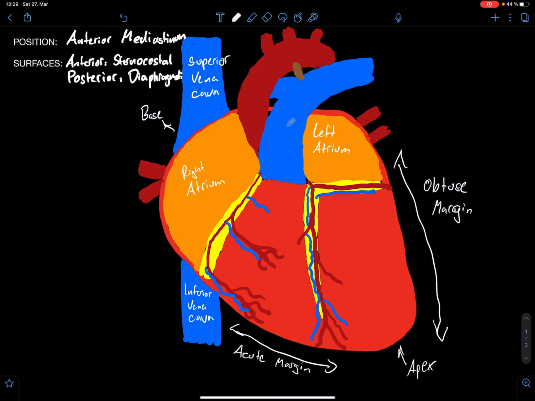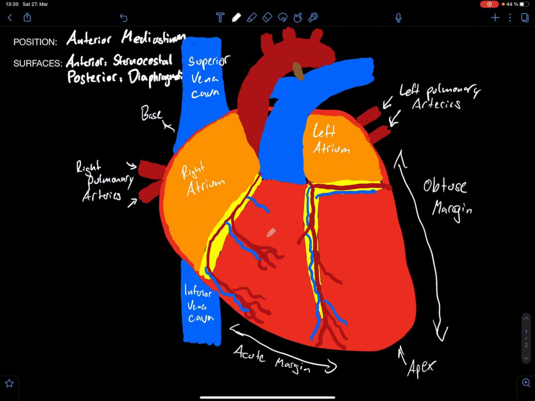On the left side, the left atrium, we have the right pulmonary arteries and the left pulmonary arteries. Both right and left pulmonary arteries open into the left atrium.